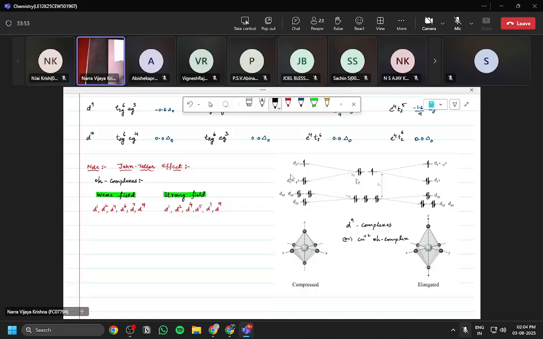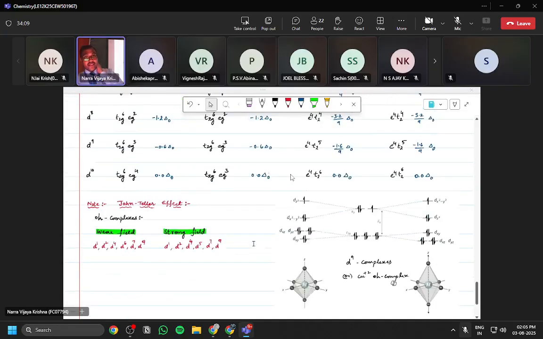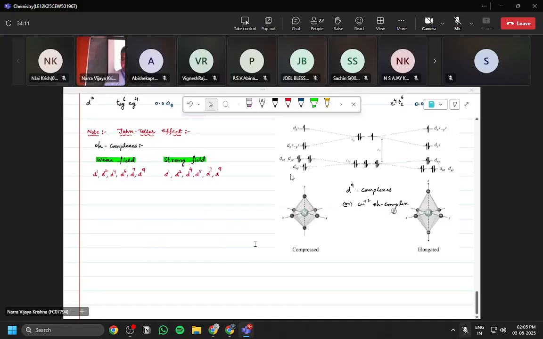It will not be regular octahedral geometry. It is a disturbed octahedral geometry. Either it will be compressed along the z-axis or elongated along the z-axis. Right? Any questions? Online, is it clear? Yes, sir, clear.